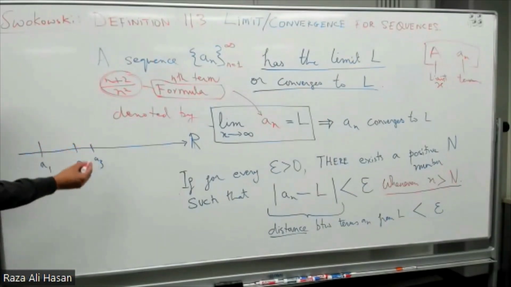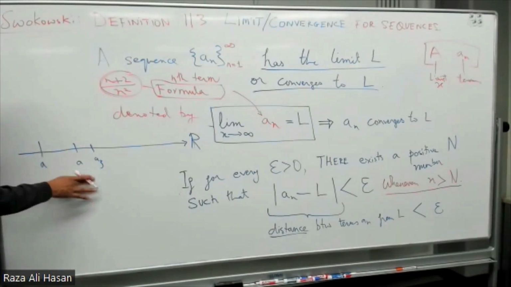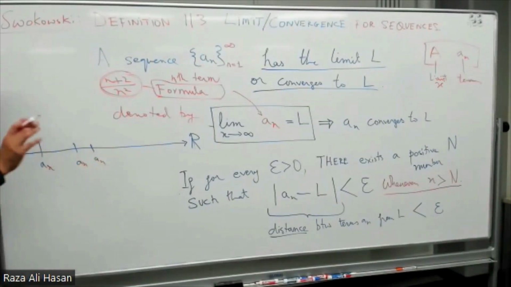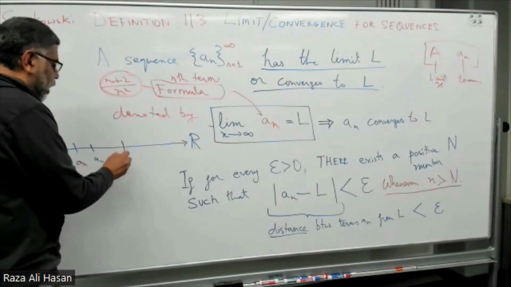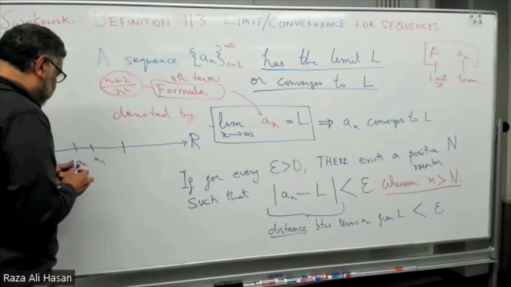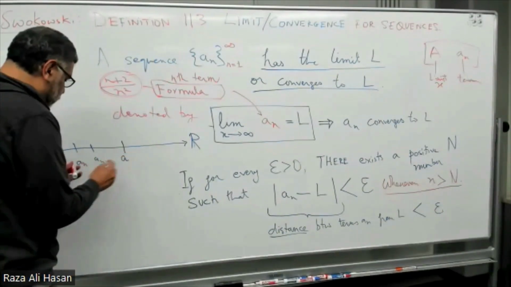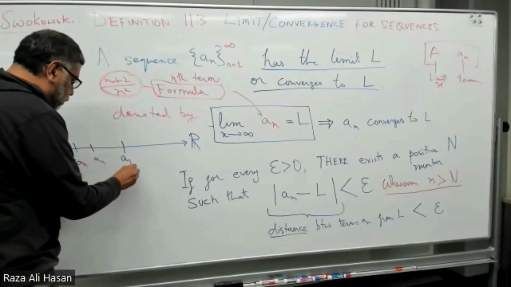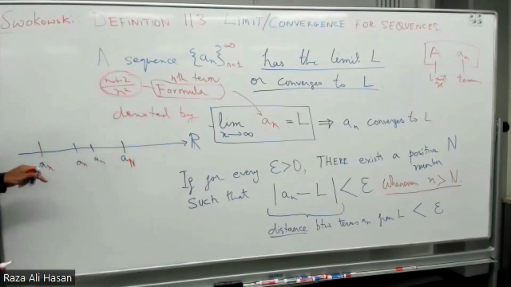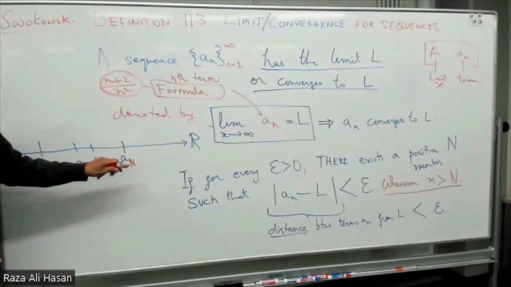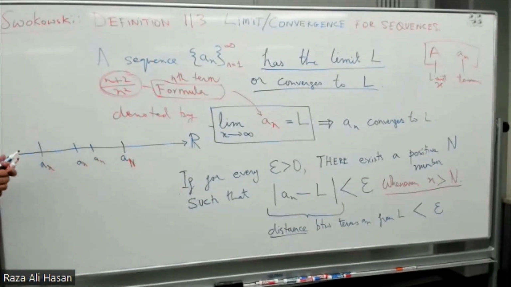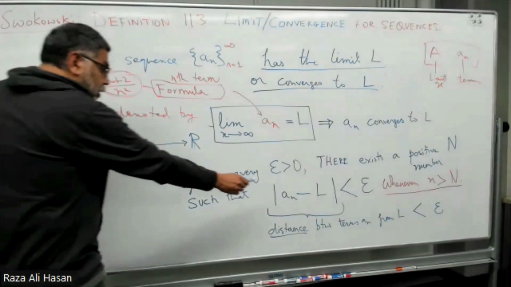When our sequence hits this number here, it's going merrily, A1, 2, 3, hits this n number. After n, all the terms are going to cluster around L.